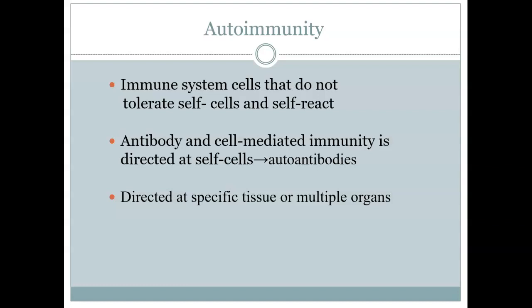So when the immune system of people who have disorders such as rheumatoid arthritis and systemic lupus, or SLE, just does not tolerate their own cells, their antibody and their cell-mediated immunity is directed at the self cells, and they develop autoantibodies to cells within themselves.